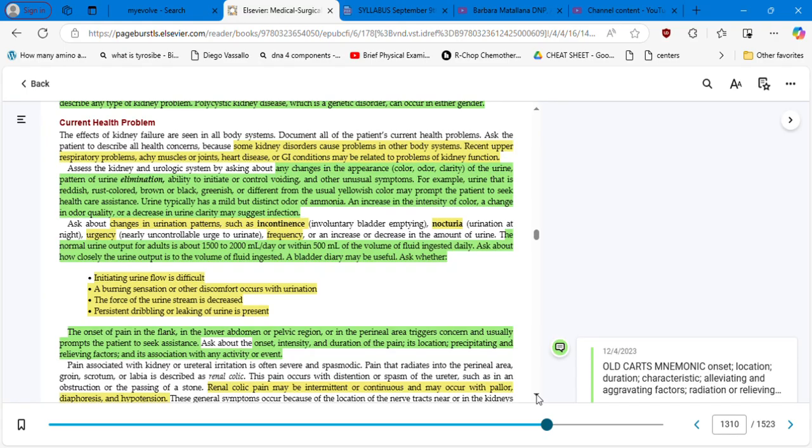Okay, any changes in the appearance. So right now you're going to assess the urine characteristics: the color, the odor, the clarity, right? The urine elimination. If the urine is reddish, rust color, brown or black, greenish, we need to report to the PCP.